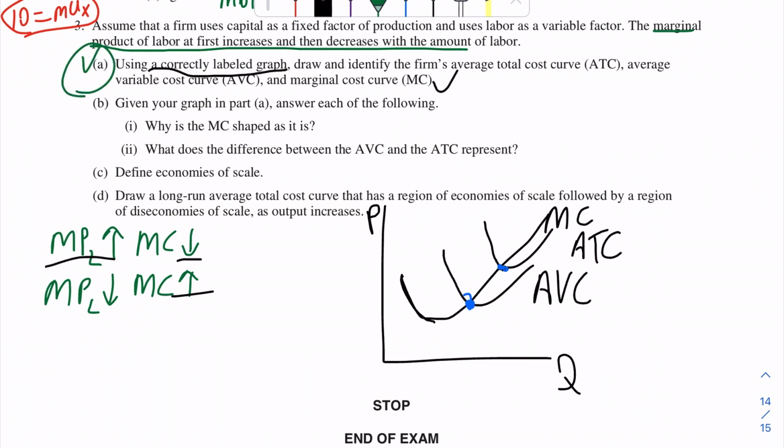B. Given your graph in part A, answer which of the following. Why is the marginal cost shaped as it is? So this is kind of what we talked about.